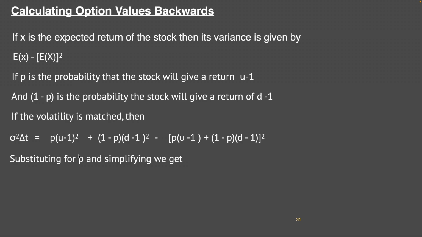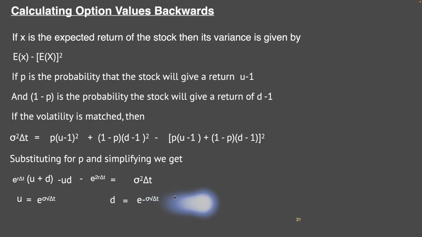So if we substitute the value of p, which is e to the power of r delta t minus d divided by u minus d, we get the value of u, the up move, as e to the power of sigma square root of delta t, and the down move d as e to the power of minus sigma square root of delta t.